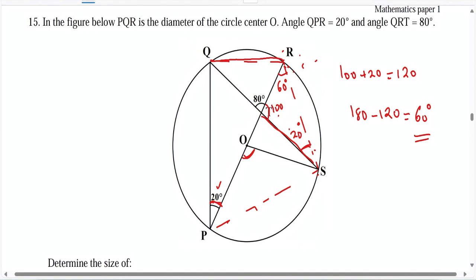Bado nini wajiuliza? So what else is there? We need to find out. Angle subtended by the same chord to the circumference. Again, so ukiona chord yako ni hii hapa, PS is our chord. So if this angle is 60, then also this angle should be 60 degrees.